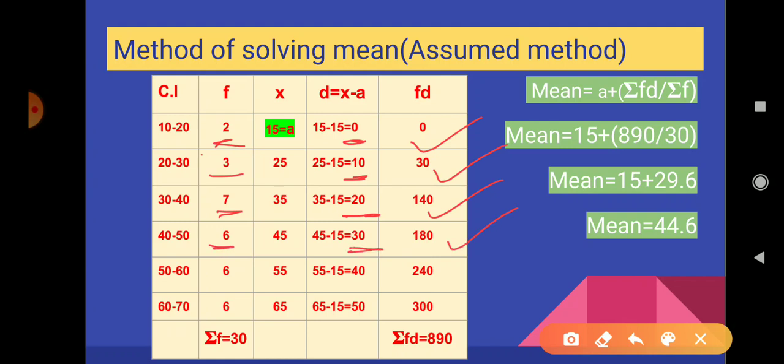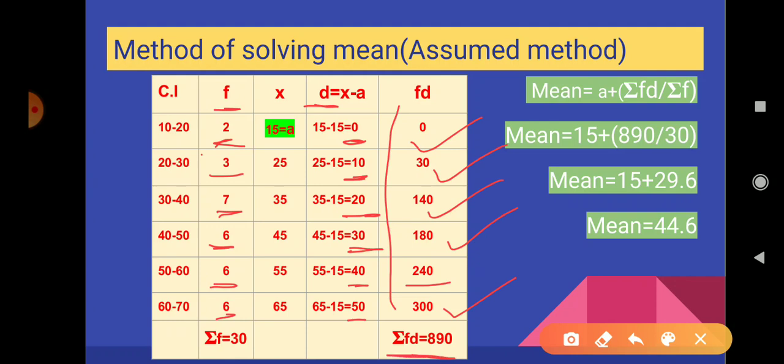That means you are multiplying d with f. 6 fours are 24, so 240. 6 into 50 is 300. If we add all these, sigma means the sum of all, sigma fd we got is 890.